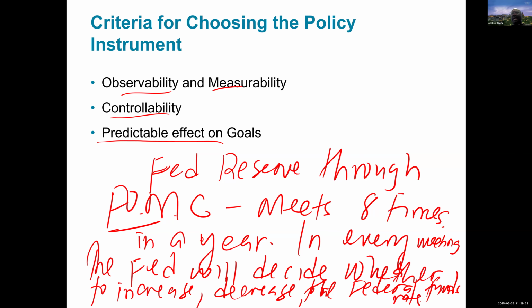Okay, so 8 times. So the frequency of the Fed meeting is only about every month and a half. But sometimes they may meet more. It depends on the economy. Like in 2007, they were meeting almost every 2 weeks, because we were in a crisis moment during the financial crisis. But in normal times, when we're not having a lot of problems, the Fed is going to schedule these meetings 8 times in a year.